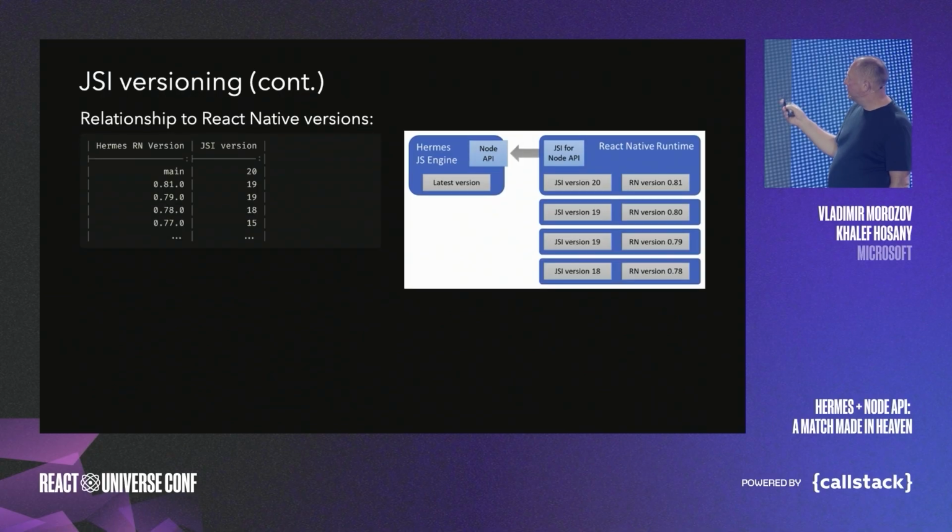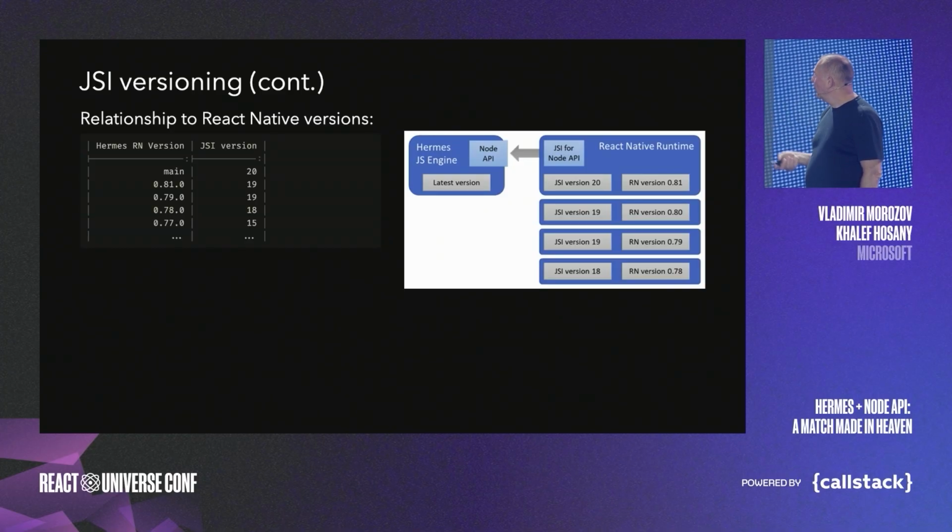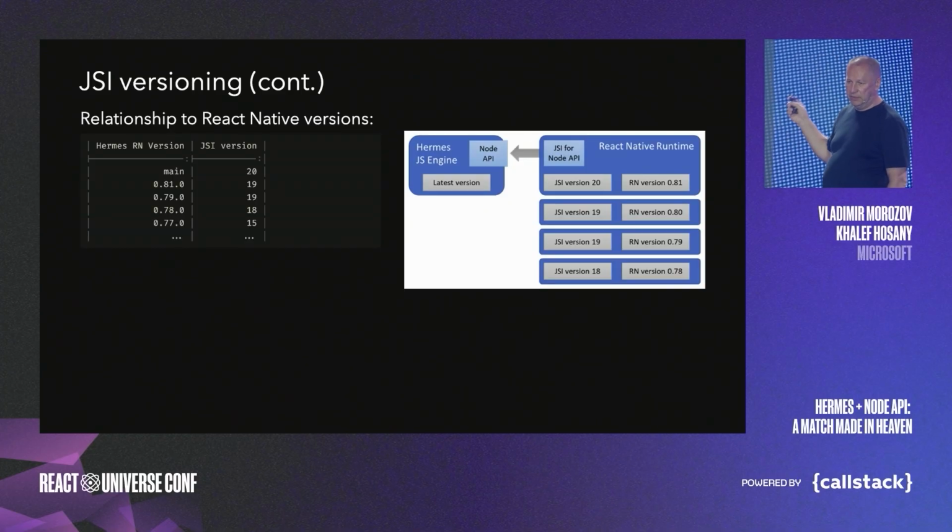Then we maintain a list of how these JSI versions match to versions of React Native, because different versions of React Native use different sets of JSI functions. This way, we're using exactly the same Hermes DLL and JSI wrapper on top of it across multiple versions of React Native for Windows.